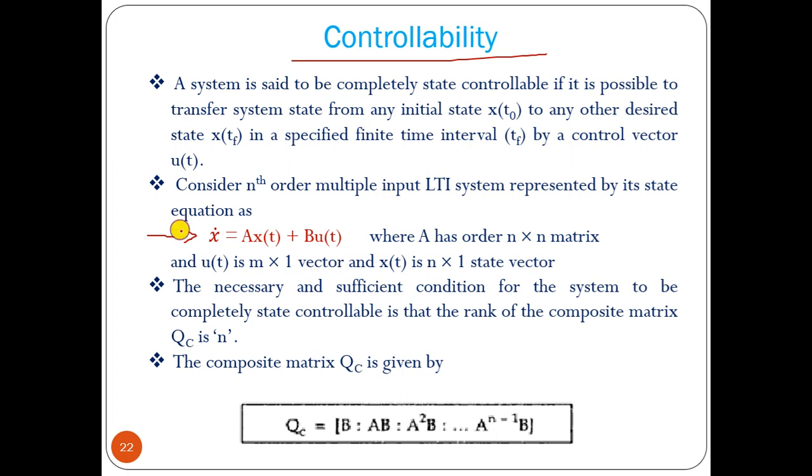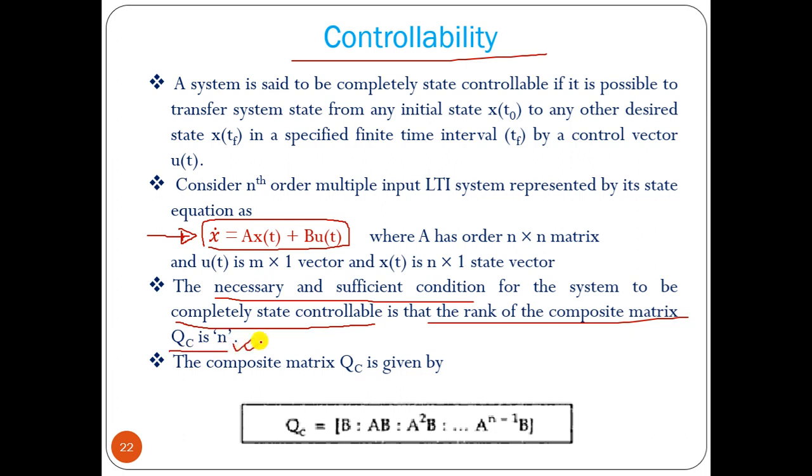So we use the state equation, x dot equals Ax plus Bu. The necessary and sufficient condition for the system to be completely state controllable is that the rank of the composite matrix Qc is n.